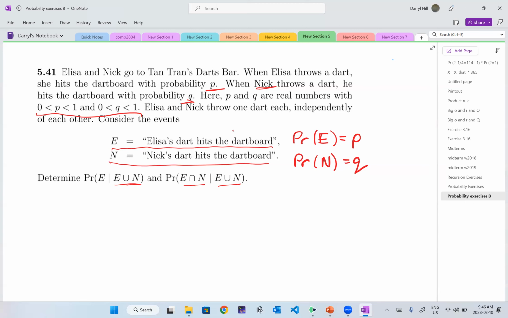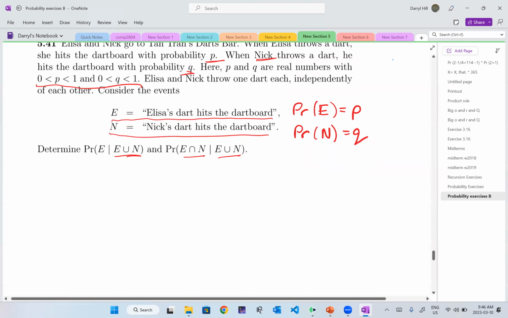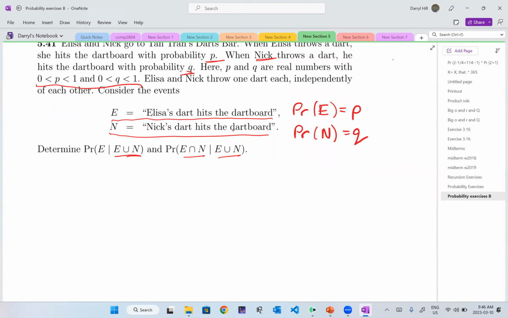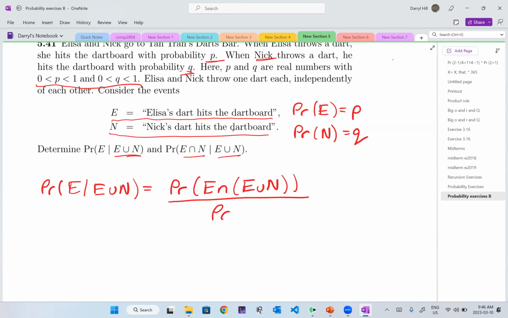So let's write out: probability of E given E union N is equal to the probability of E intersect (E union N) over the probability of E union N.